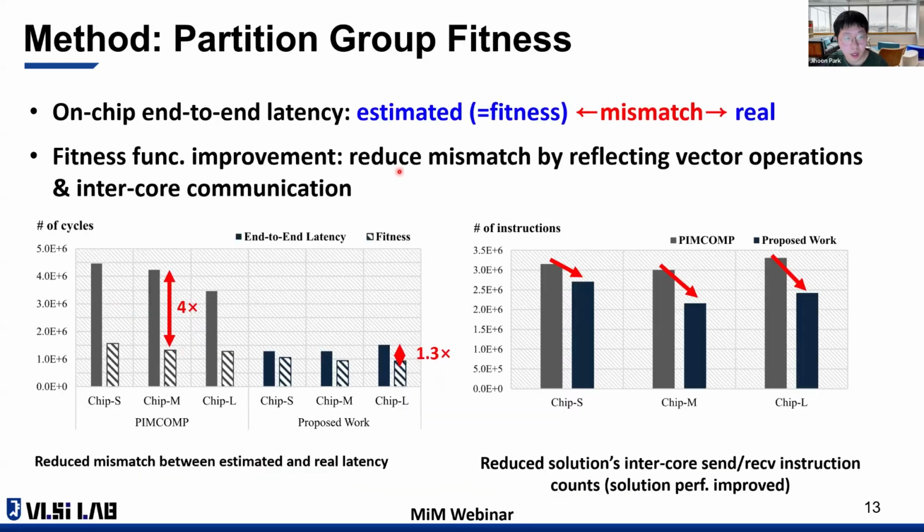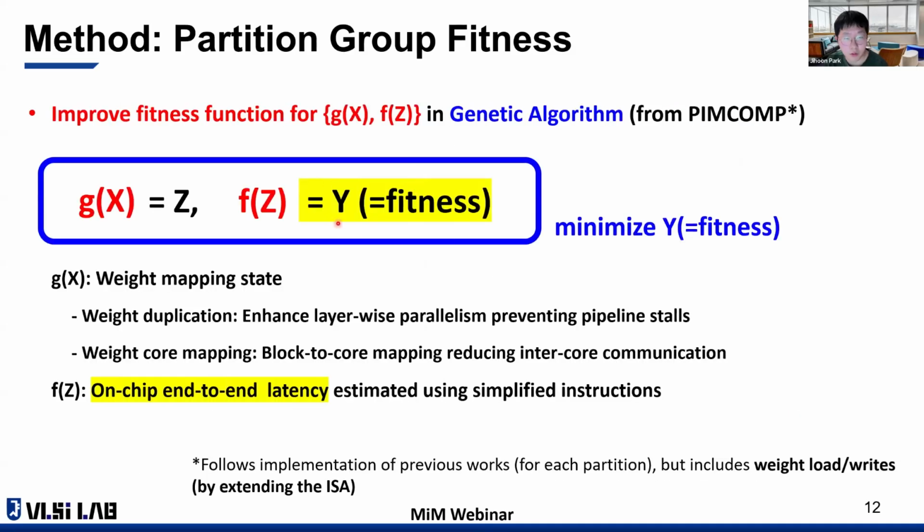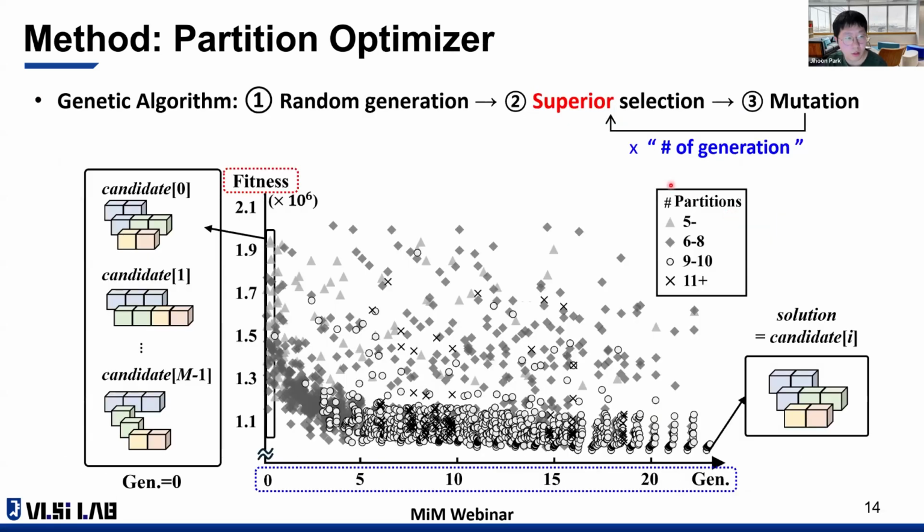Now that we have the fitness of each partition, we go through the genetic algorithm pipeline, where we do the random generation, then the selection and the mutation. For 100 generations we do the partition optimizing, and we do a cutoff when the generations don't perform better and better.